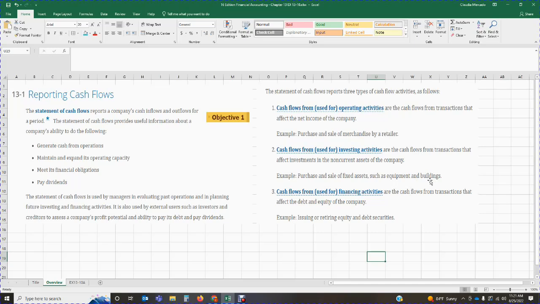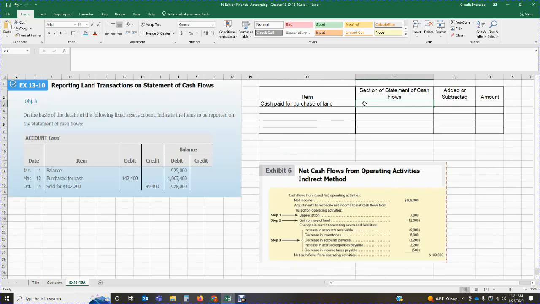That includes land. Land is a non-current asset. It's a fixed asset. We're buying more of it, so we need to put it into the investing activities section. Okay, so the section that it falls under is the investing activities section.